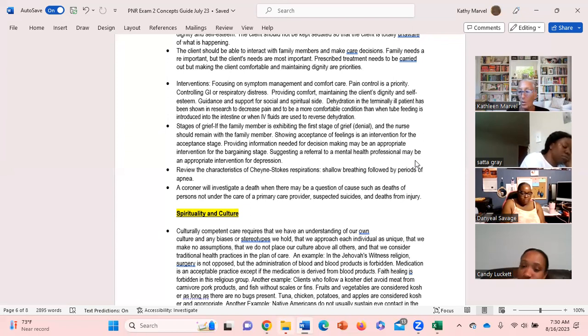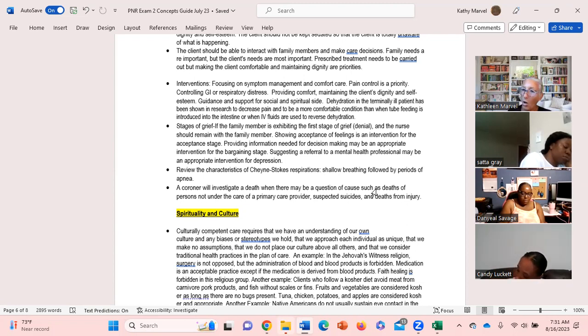Coroner. The coroner will investigate death when there's a question about the cause of death. The coroner doesn't investigate every death. They wouldn't investigate every single death that happened at home or every single death that happened in a hospital. But they would investigate a couple of things: if a person doesn't have a primary care provider, if it might be a suspected suicide, or if it was a death from injury.